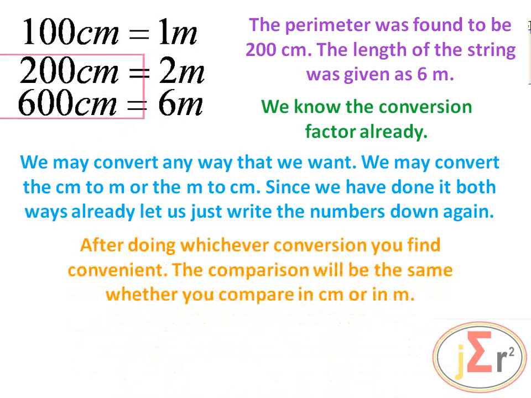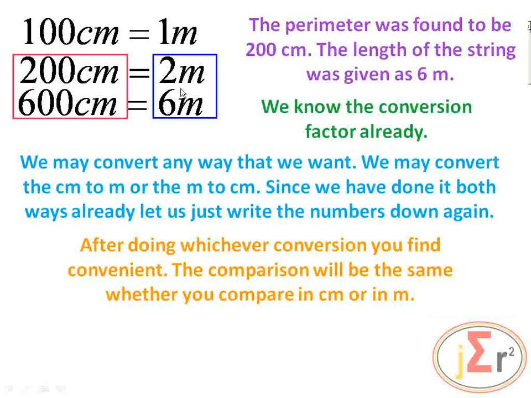After doing whichever conversion you find convenient, the comparison will be the same, whether you compare in centimeters or in meters, right? If we are looking at the centimeter forms, we have the length of the string to be 600 centimeters. That is still longer than the 200 centimeters, which represents the perimeter of the tabletop.